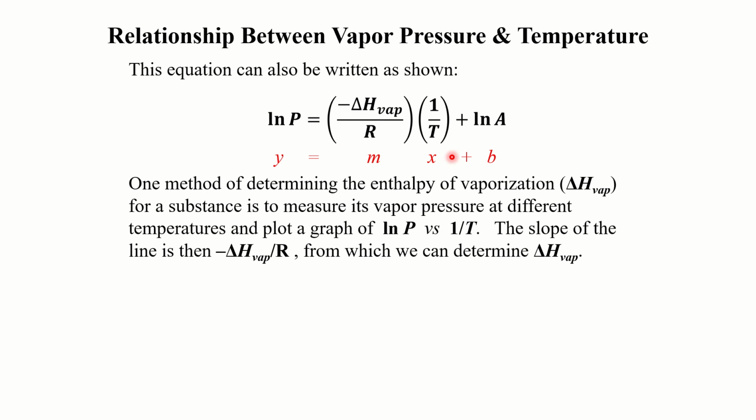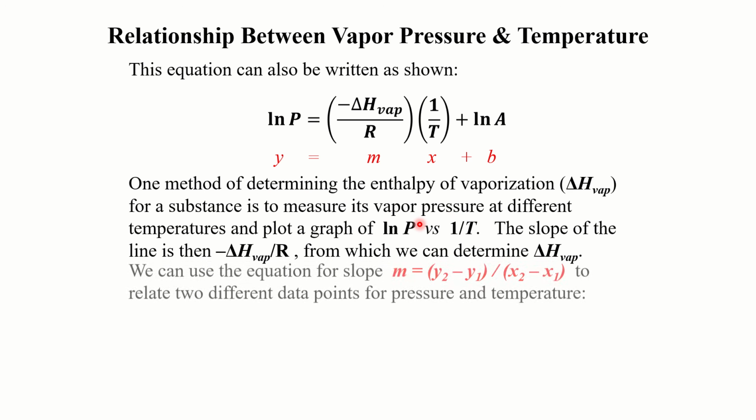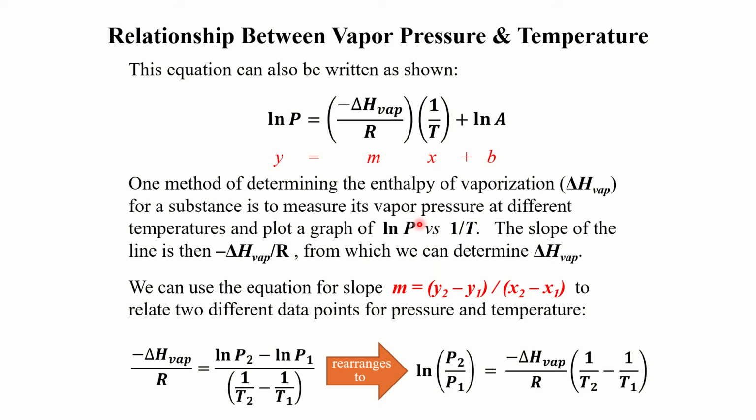So you should be aware of this version of the equation. You will use it on some problems, especially if you're given a problem where you've got a graph of ln of P versus 1 over T. Now the version we're going to use more commonly is the one that's derived like so. First we're going to start by using the equation for slope. Harkening back to our algebra days, we know that slope m equals y2 minus y1 over x2 minus x1.